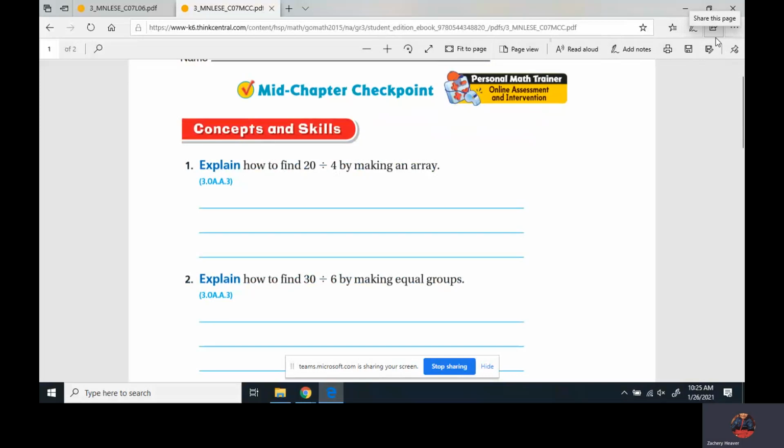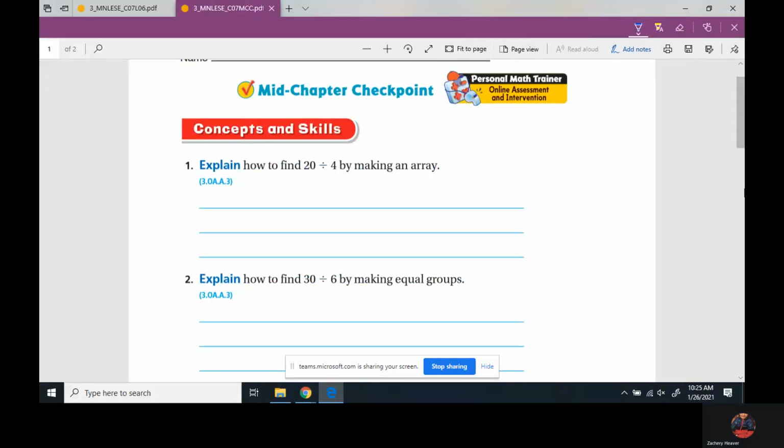So it says explain how to find 20 divided by 4 by making an array. Well, I'm going to make it, and then we're going to talk about it. So 20 divided by 4. We're going to take our divisor, which is 4. We go 4 down, right? And then we're going to just keep making rows of 4 until we get 20.